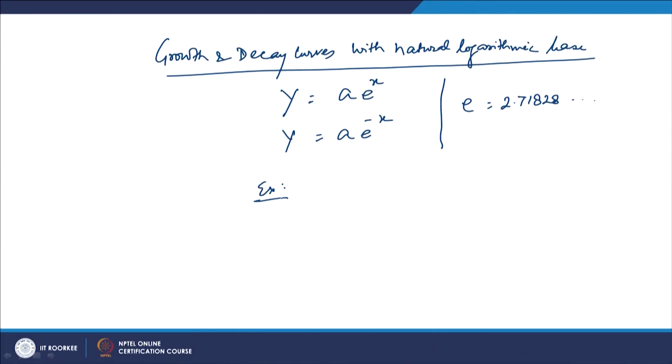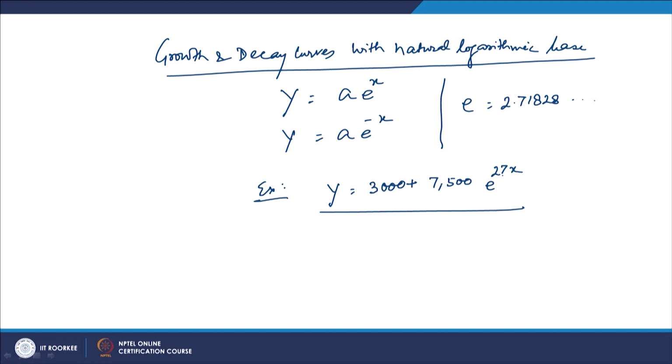You may have examples, like the annual profit for a firm, which is 3000 plus 7500 e raised to the power 27x, where x is how long the firm has been selling the product. Based on that you can do the calculations and find the results.